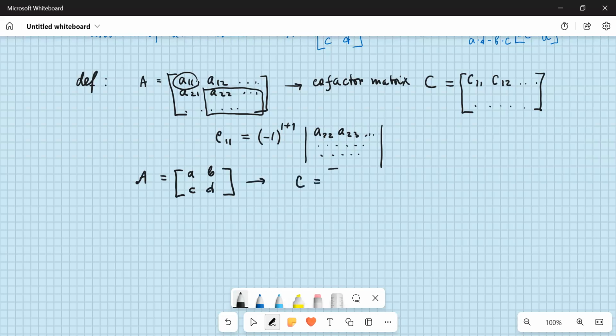Well, the first element is for A. If I cross it out, the only leftover element is D, because the determinant of a 1 by 1 matrix is just the element itself, so I'm just going to put D over here. Now, if I cross out element B, the remaining matrix is just C, so I'm going to put C over here. The checkerboard rule tells me that the first element was plus and the second element was minus, so I'm going to put minus here.